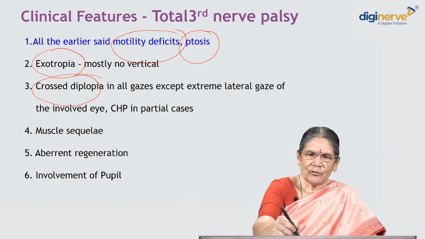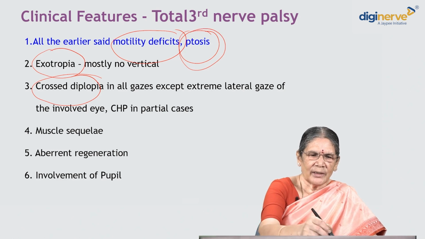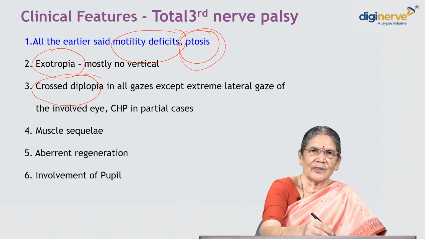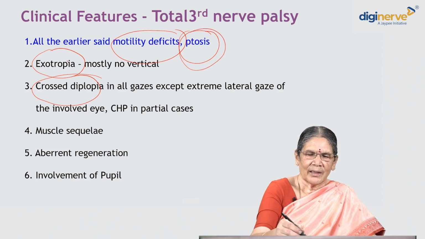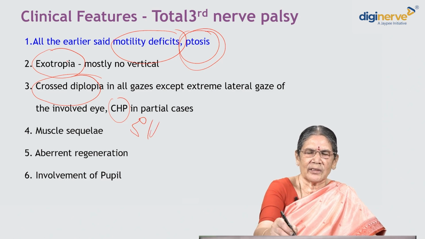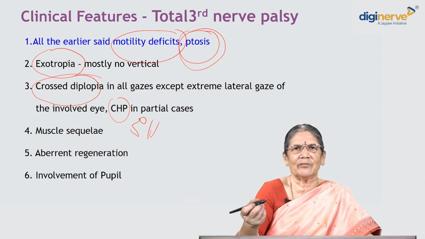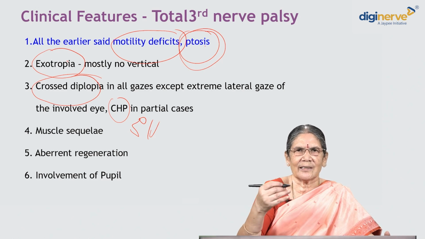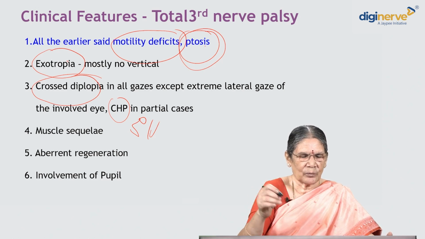So, when there is a full ptosis, though they have exotropia and then crossed diplopia, on examination they may not have a compensatory head posture because ptosis is there. So, there is no necessity for them to keep the head compensated to get a binocular field. Whatever is there, they were closing, that eye is not being used.